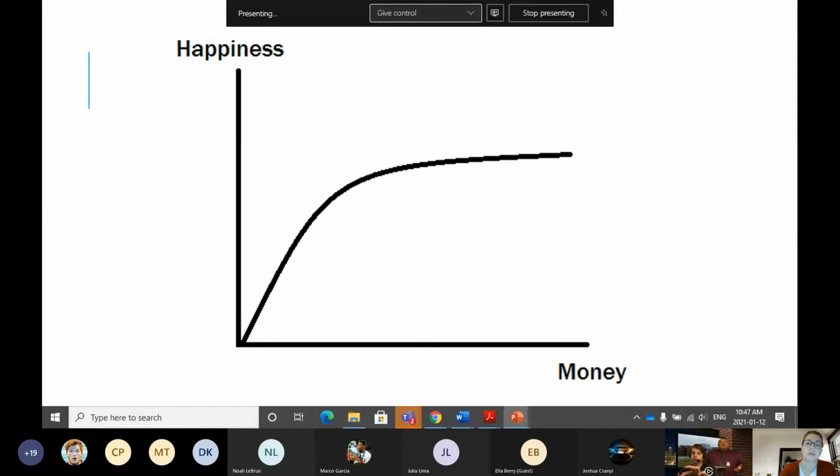So as the money level increases, the happiness level increases. Do you guys think this is true or not? Do you think that the more money you have, the happier you truly will be?